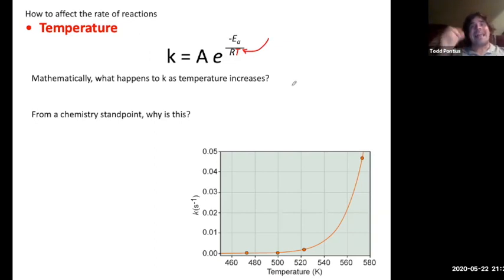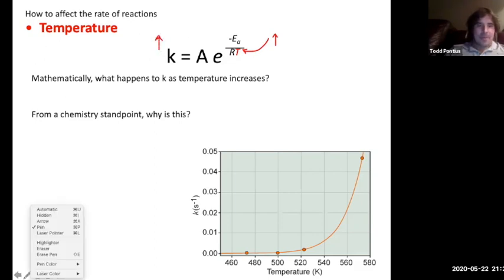Since it is a negative exponent, the greater T is, what's that going to do? It's going to bring our exponent closer to 0, make it more positive, which means that if we increase T, k will also increase from a purely mathematical standpoint.